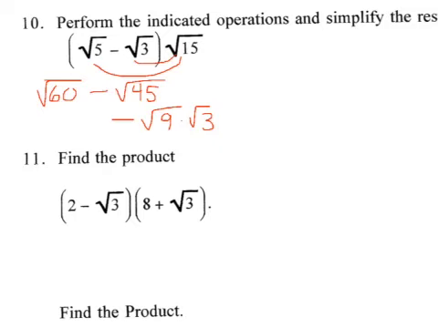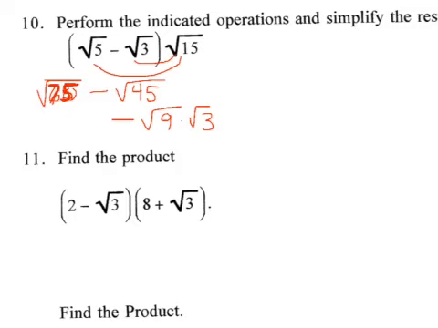Oops, I'm sorry, I just realized I multiplied wrong. 5 times 15 is not 60, it is 75. There we go. That's a little bit easier to simplify anyways. All right, sorry for the mistake.